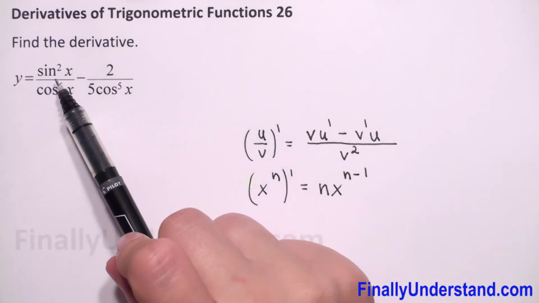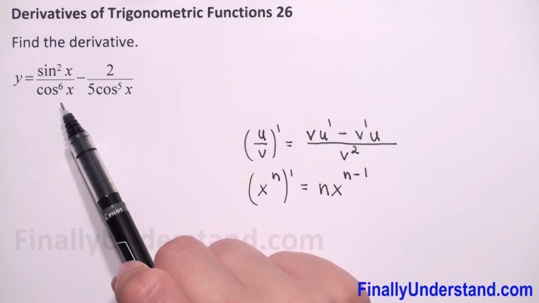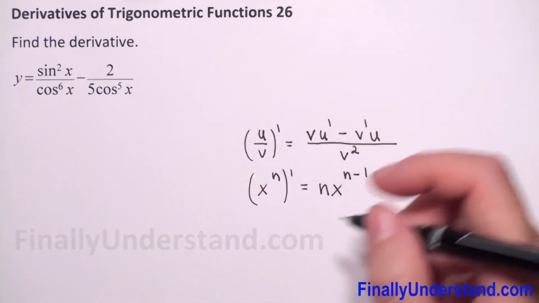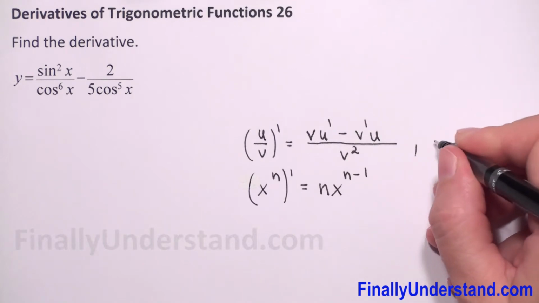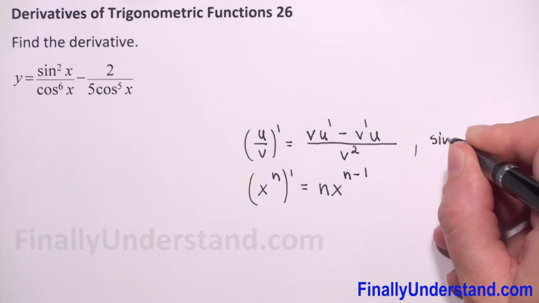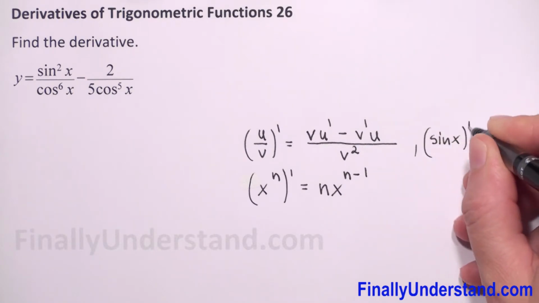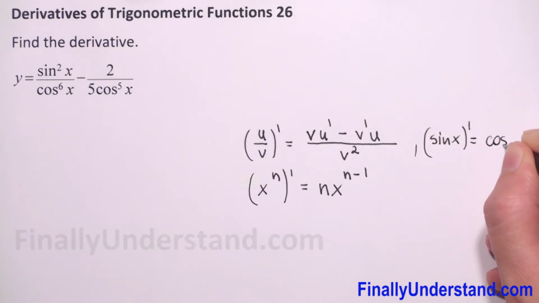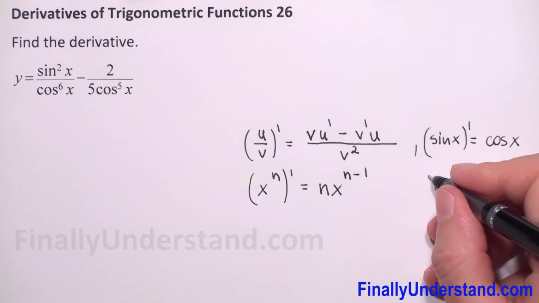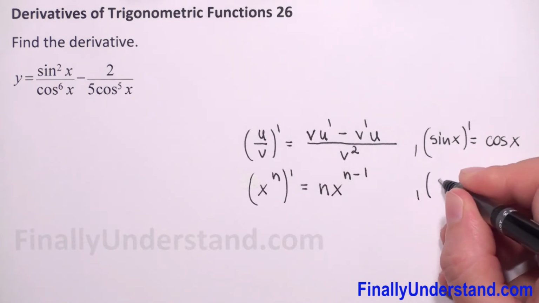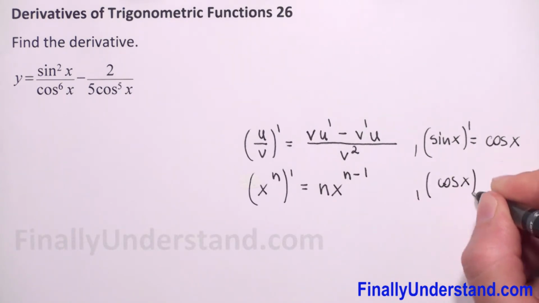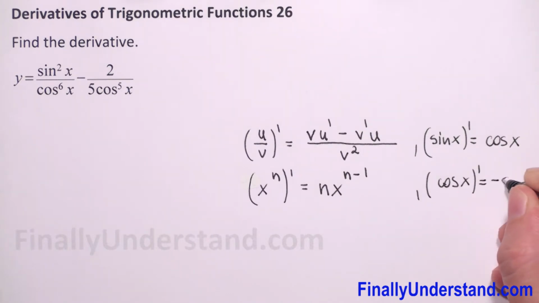And we have the derivative of sine, we know it is cosine, and the derivative of cosine is negative sine. I will write this formula. So we have sine of x, derivative is cosine of x, and derivative of cosine of x is negative sine of x.